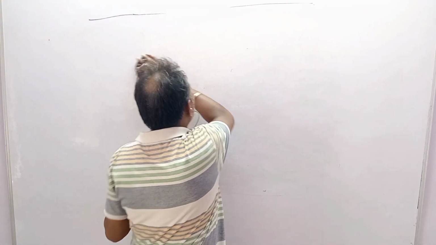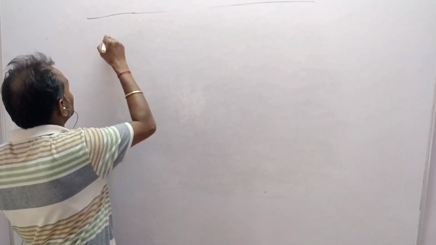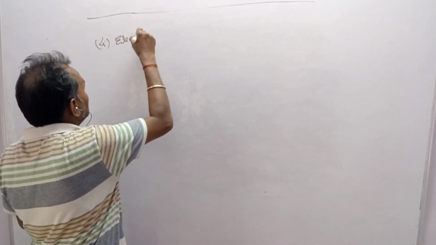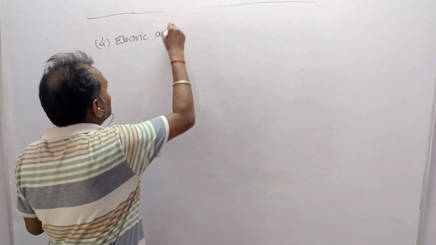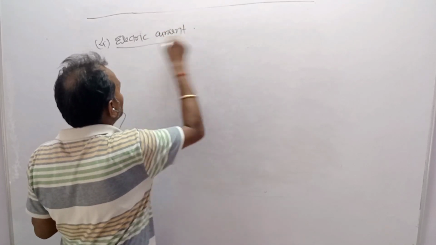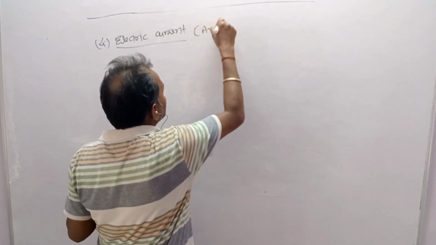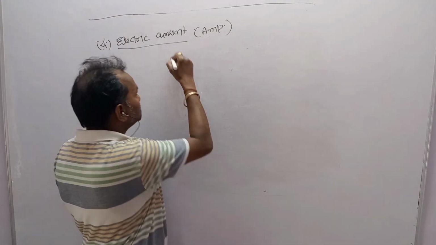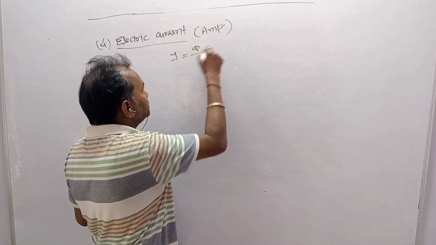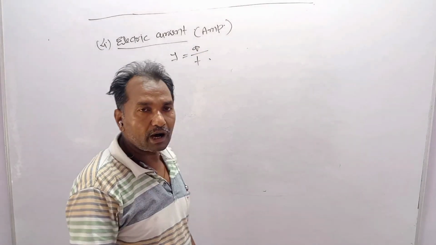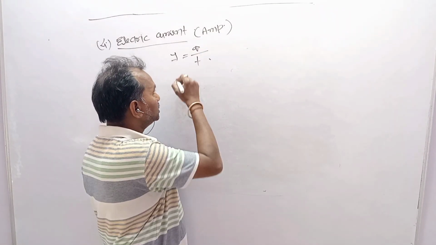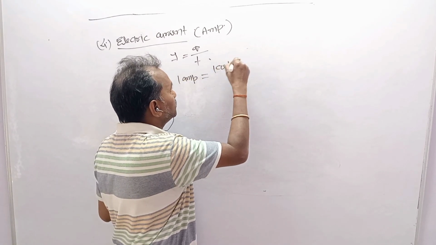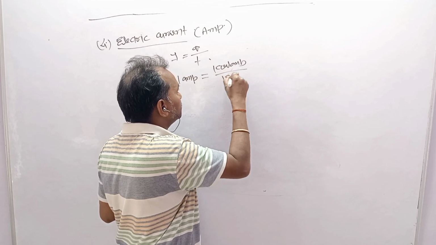Now, next is electric current. The SI unit of electric current is 1 ampere. You know, I is equal to Q upon T, or you may write 1 ampere is equal to 1 coulomb divided by 1 second.